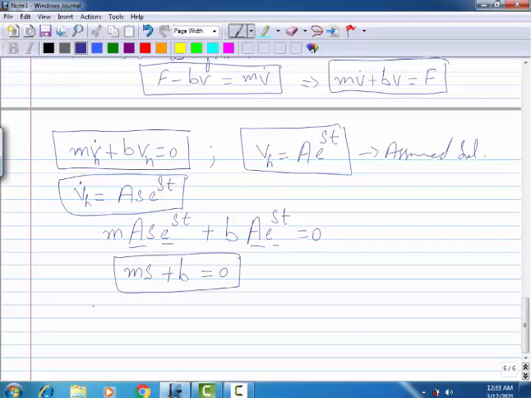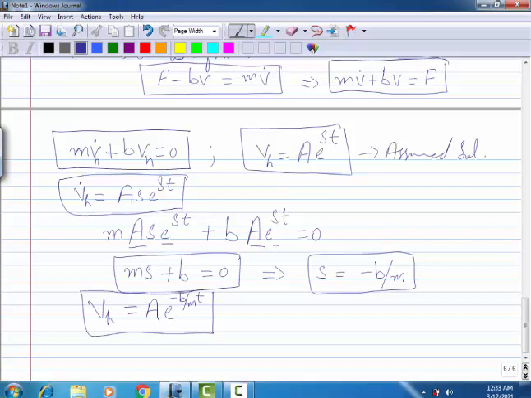If I have to find the value of s, from here s is equal to minus b divided by m. Now I have to put this root in the solution, which is v of h equal to A e to the power of minus b divided by m times t, instead of s.